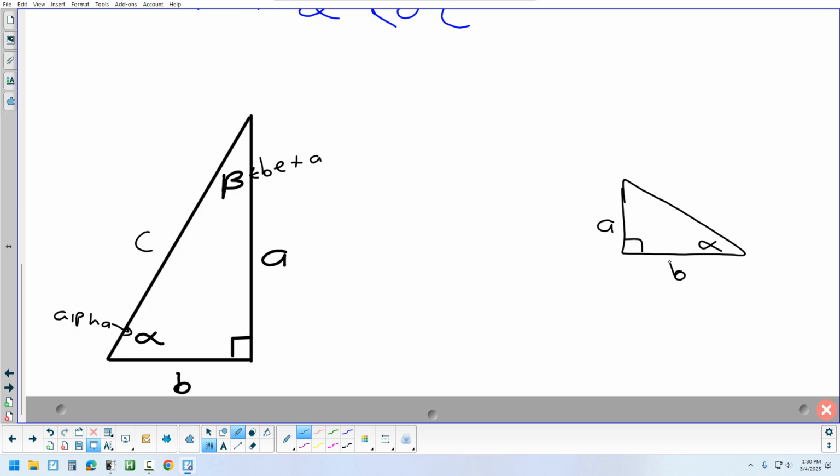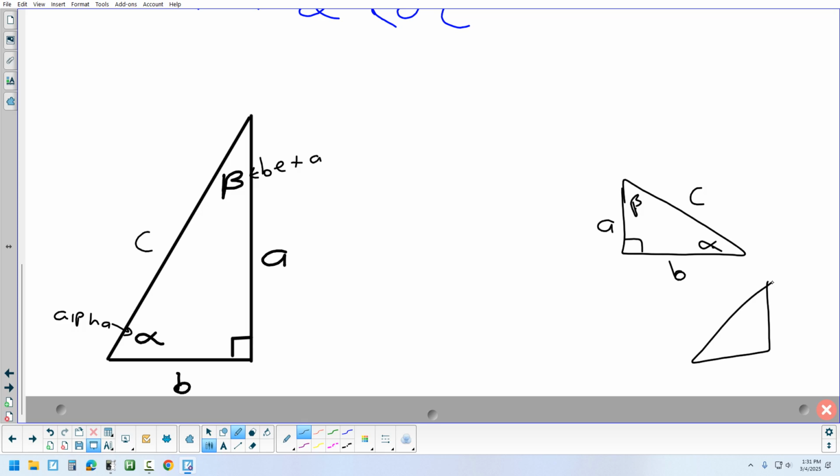It's just to mentally keep track of what's where. So keep A opposite alpha, keep B opposite beta, and C we always keep as the hypotenuse. Which way it faces doesn't matter at all. Just A and alpha are opposite, and so are B and beta.